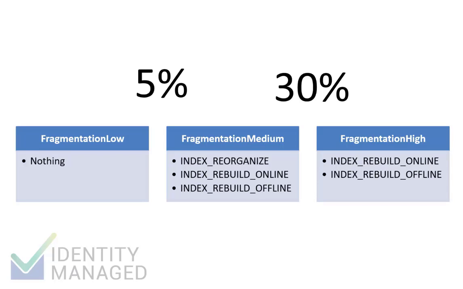If that's not supported, do an index rebuild online. If that's not supported, do an index rebuild offline. There are some operations that aren't supported for particular kinds of indexes. Generally speaking, the index reorganize and index rebuild online are supported by the indexes used inside MIM. Fragmentation high, the default is index rebuild online, then index rebuild offline. So again, it's a fallback. It tries the online. If that doesn't work, then it does the offline.